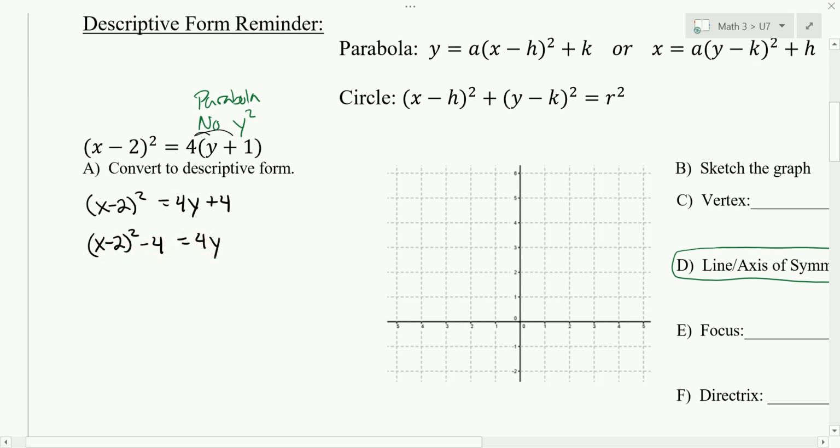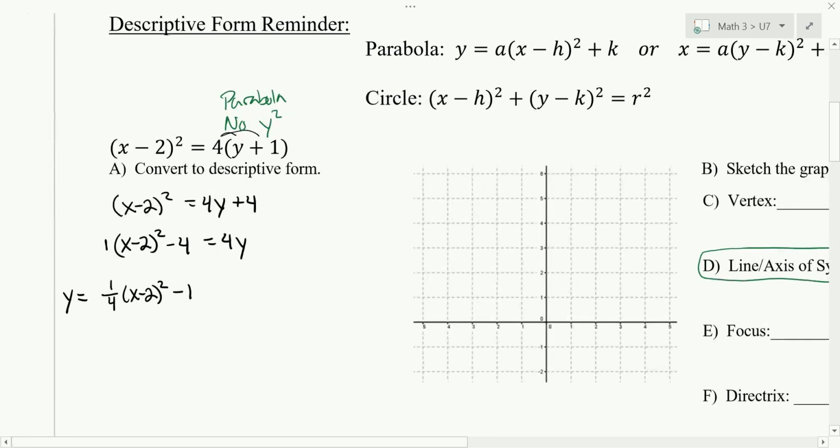And divide by 4. And when you divide by 4, make sure you divide the 1 here by 4 and the 4 by 4. And you end up with 1/4 (x minus 2) squared minus 1 is equal to y, but I'm going to put this over the y on the left-hand side.